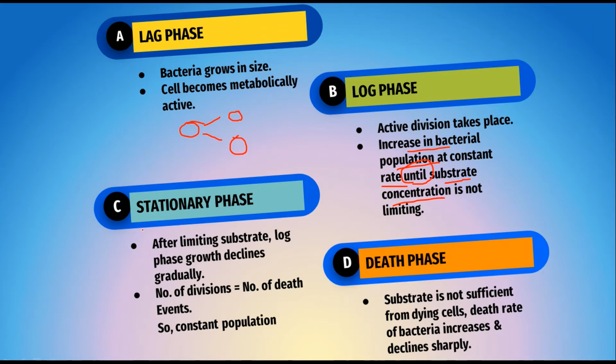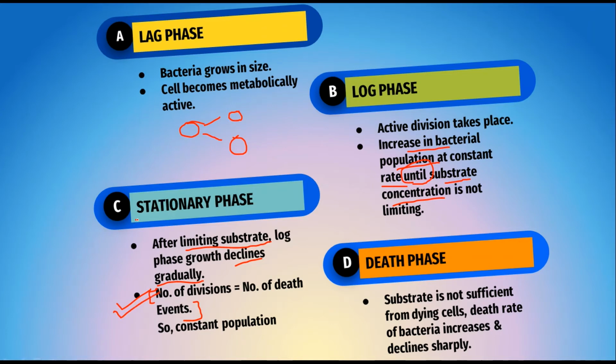Then we have the stationary phase. After limiting substrate, log phase growth declines. As I told you, when the substrate decreases, the log phase growth will decline gradually. So the number of divisions is equal to the number of deaths. This will be the condition in the stationary phase.